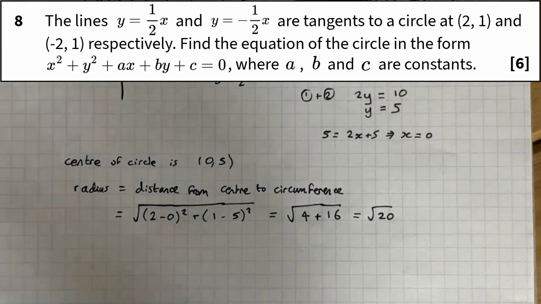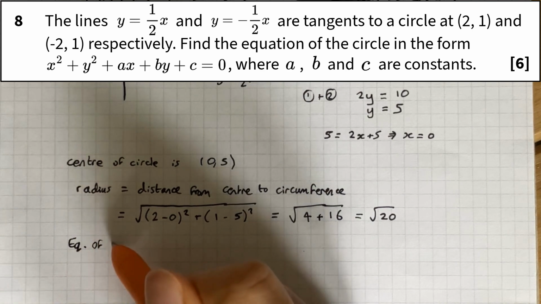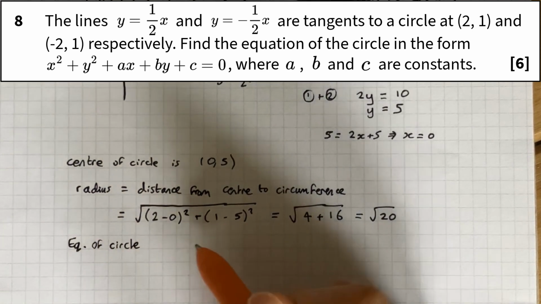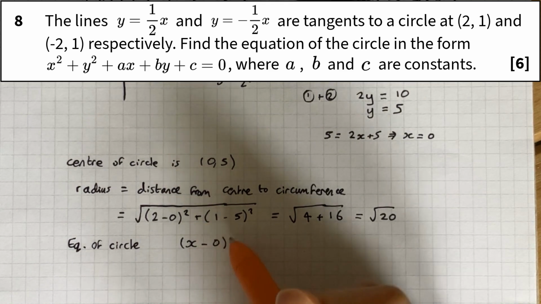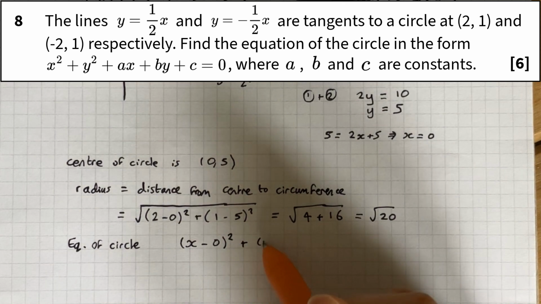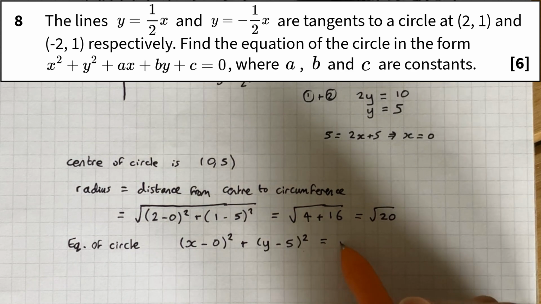Now to finish off, we just need to put it all into the equation and then expand to give it in the required form. The equation of the circle is going to be x minus 0, because that's the x coordinate of the centre. Then it's going to be y minus 5 squared, because it's the y coordinate of the centre.